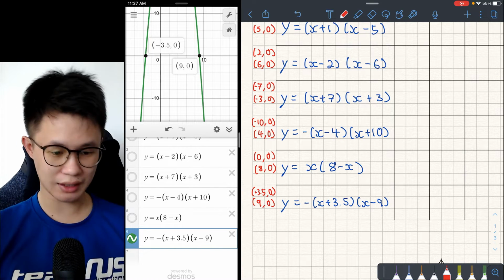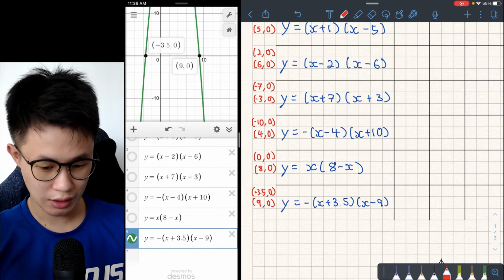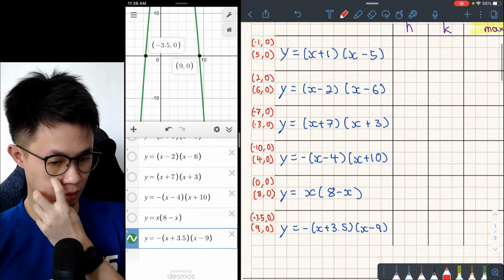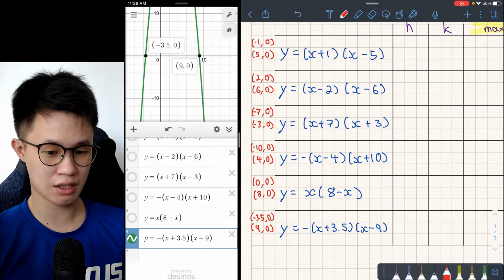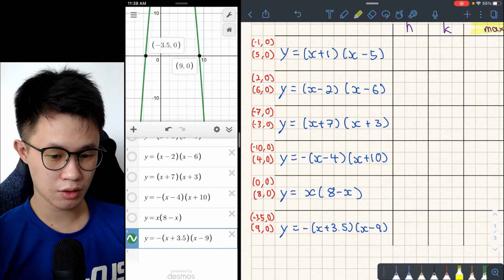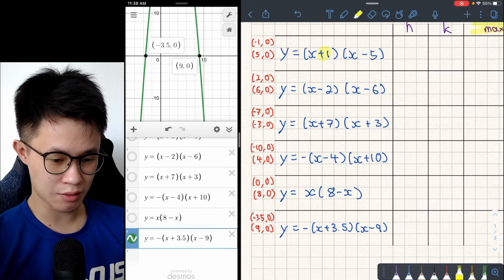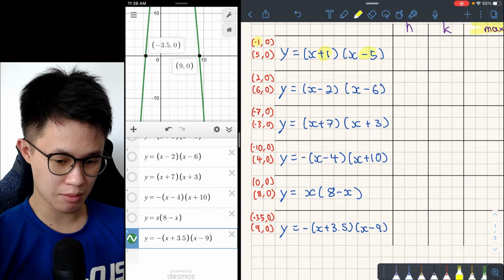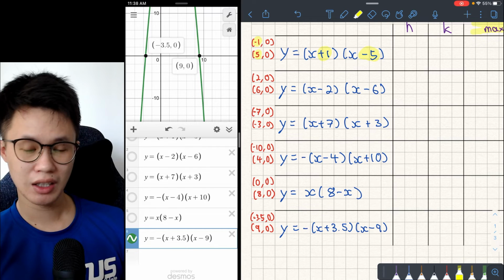Now looking at the x-intercepts, can you see a relationship between h and k and the x-intercepts? This is +1, but this is -1. This is -5, this is 5.